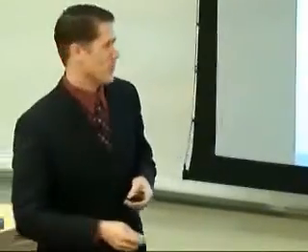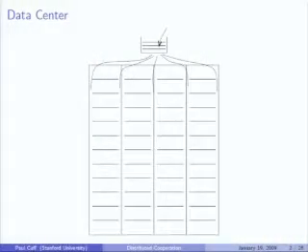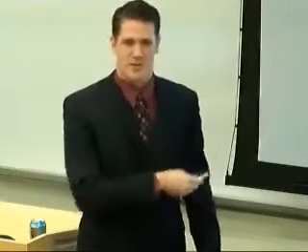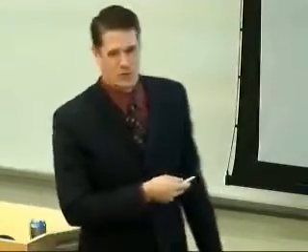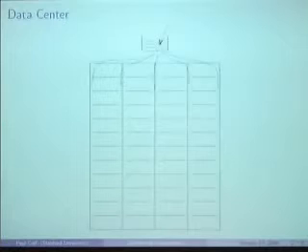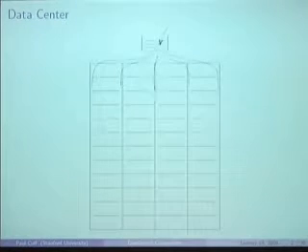Since it is the theory group, I have to do something on the whiteboard. So this is an artist's rendition of a data center. Let's say this is one of Microsoft's data centers around the world where they're doing some cloud computing or something. So these are a bunch of computers in racks somewhere, and they're networked together with some cables.